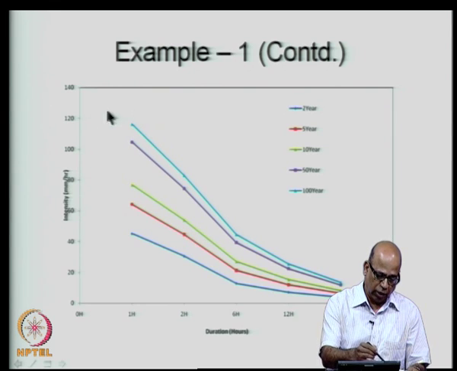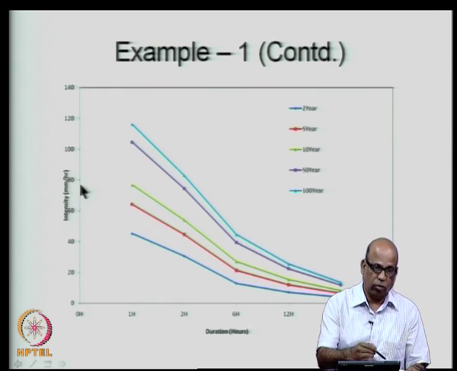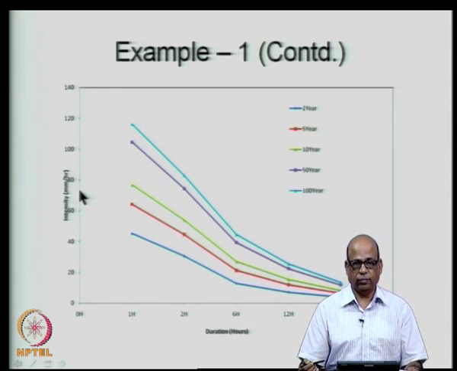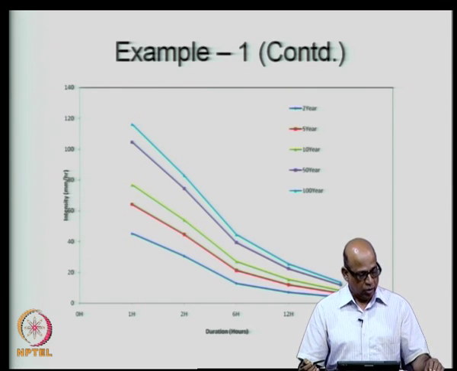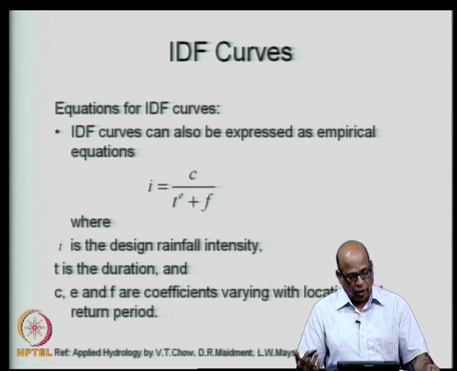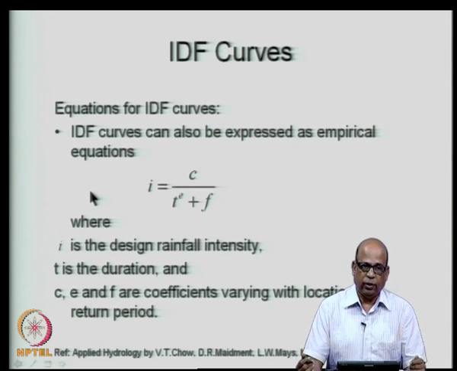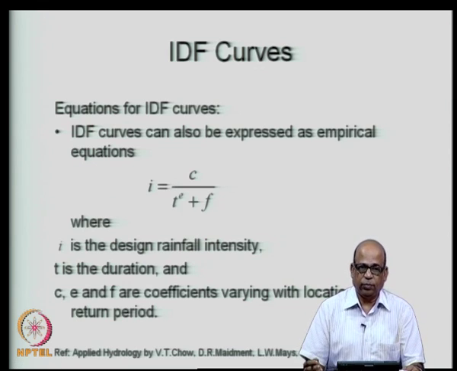Typically for urban designs, we use the region between 0 hour and 1 hour duration. Then when we do not have the observed data, we have certain empirical relationships available for constructing the IDF relationships.